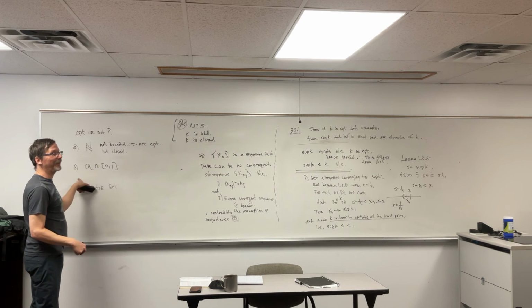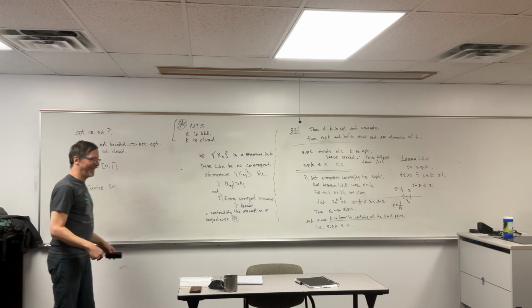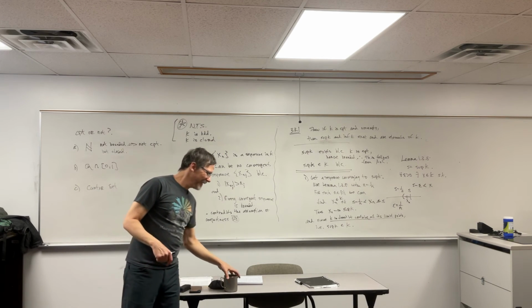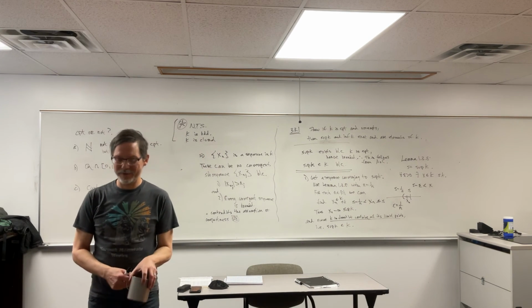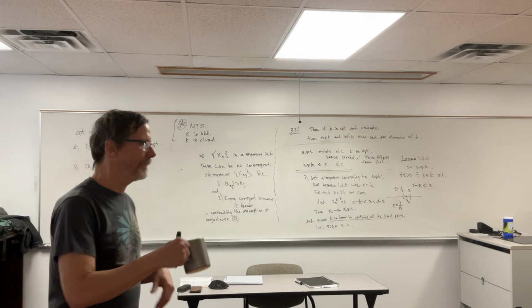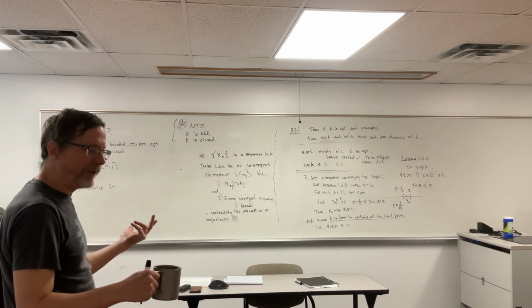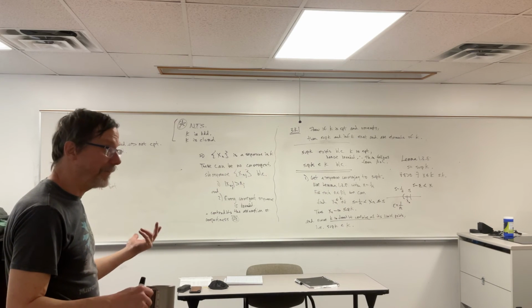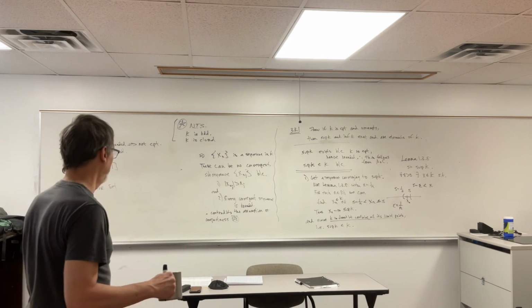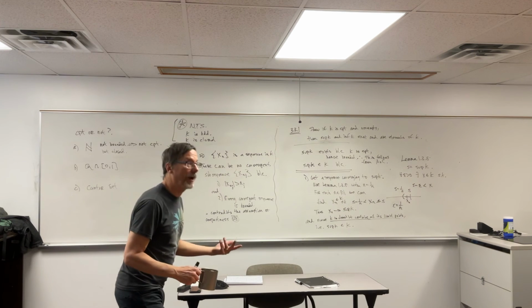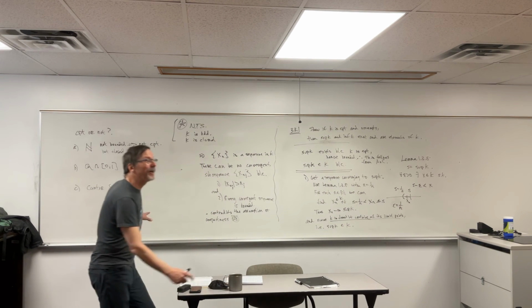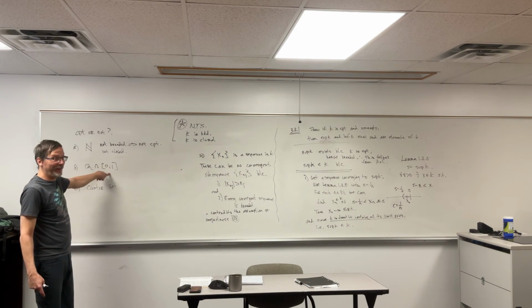What about the next one? We only have two things to check, right? Closed and bounded. It's bounded, right? For sure, we got that. It literally lives in this closed interval.